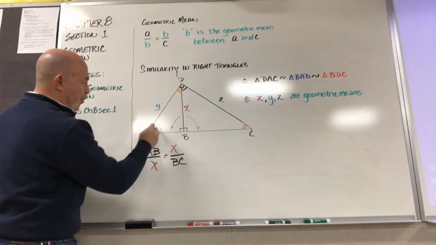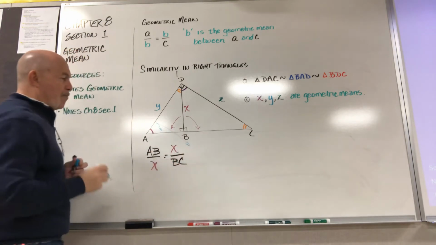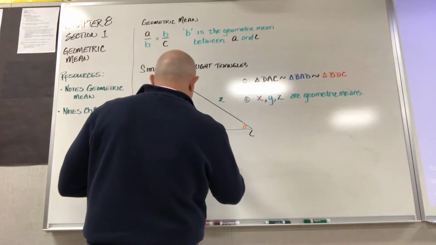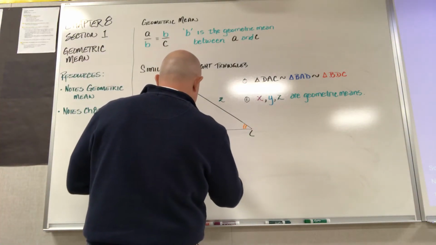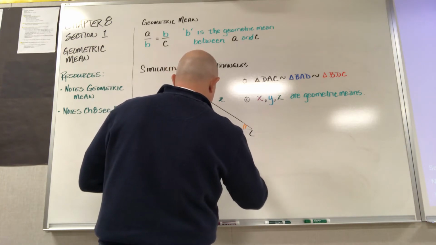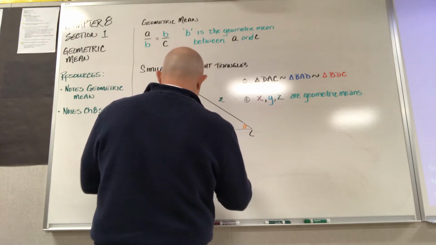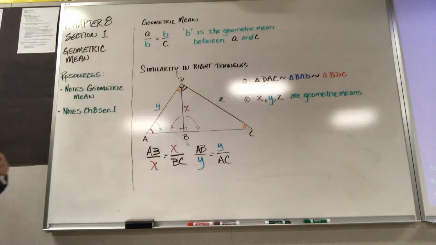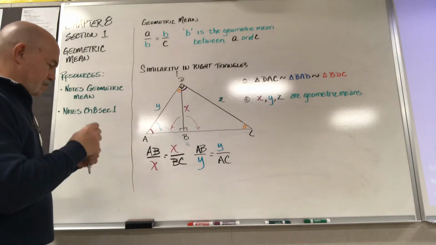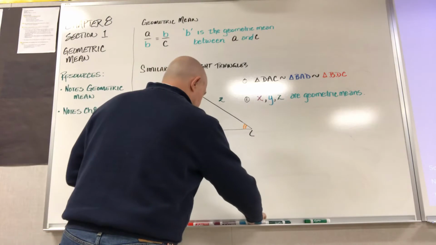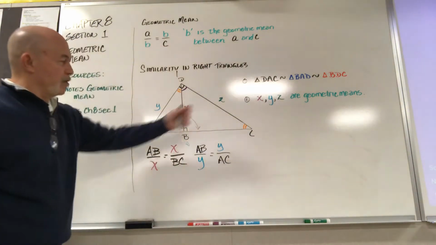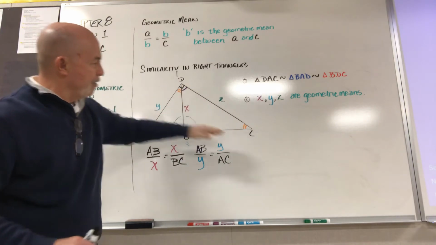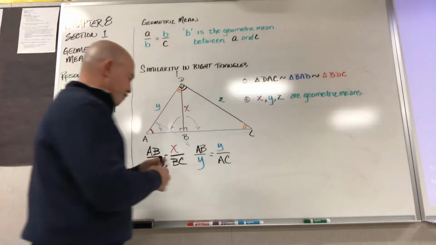It's also hypotenuse to hypotenuse. So, that's how we're going to write it. AB. And our last one over here, Z, same thing. Leg to leg, hypotenuse to hypotenuse.